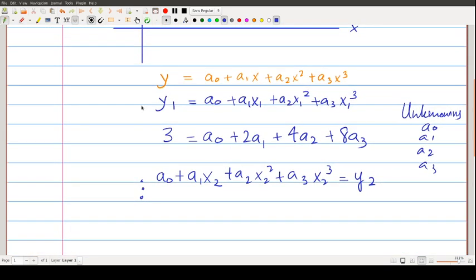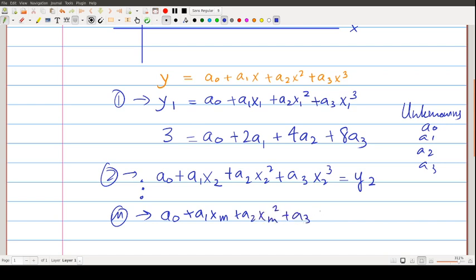The first equation was equation 1, this was equation 2, and the mth equation will look like a naught plus a1 xm plus a2 xm squared plus a3 xm cubed equals ym.